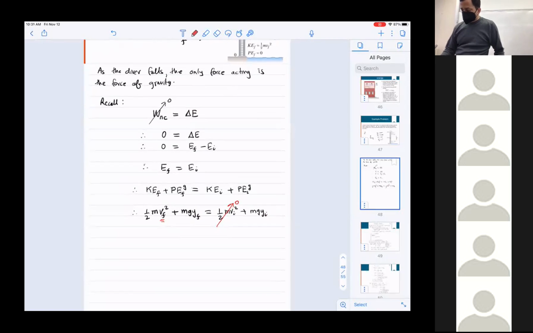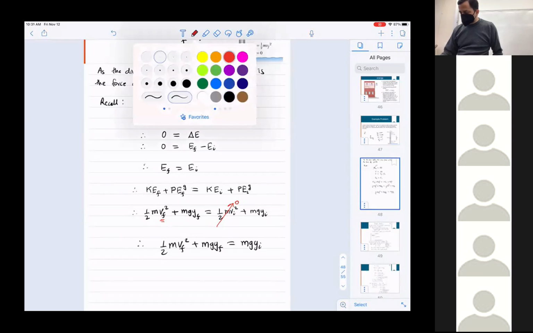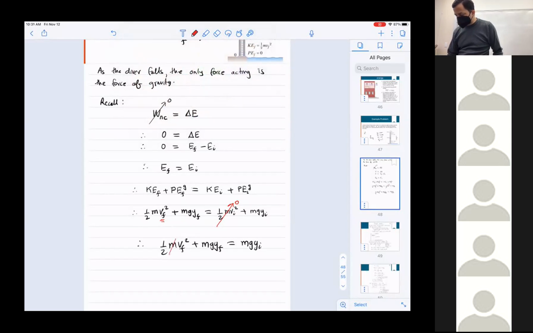And so therefore, now we can just go through the math. We have 1/2 m v final squared plus mgy final is equal to mgy initial. And in fact, I can just divide both sides by m, so the mass just goes away.